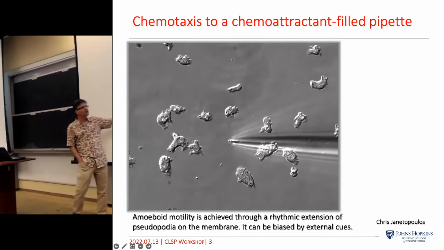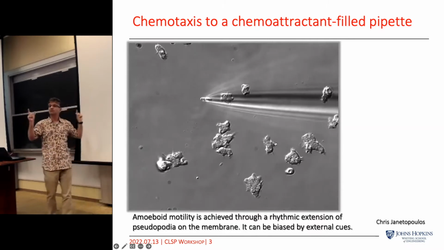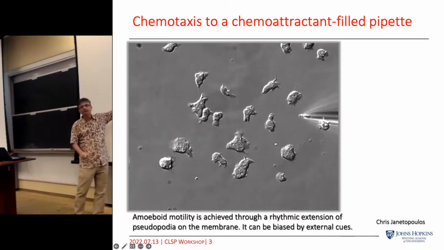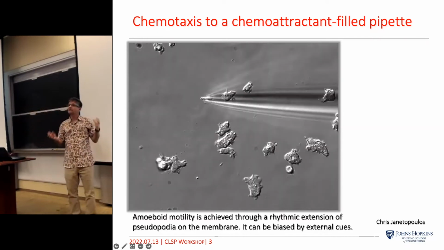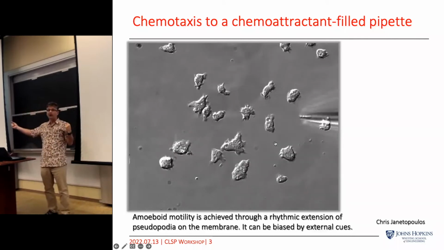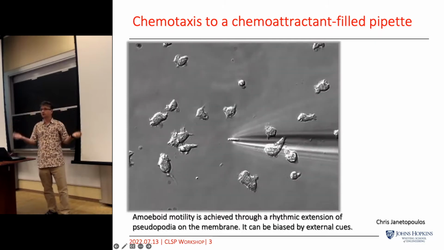The cell has receptors that are specific to this chemical, all across the cell. But somehow the single cell amoeba is smart enough to compare occupancy of receptors from one end to the other and use this to move.